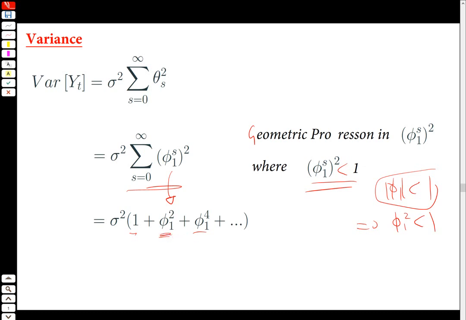For an AR1, we have an MA infinity form where alpha is mu over 1 minus psi1, and theta s is psi1 to the s. Now all we're going to do is plug these into all these formulas and work out the mean, the variance, and the covariance.